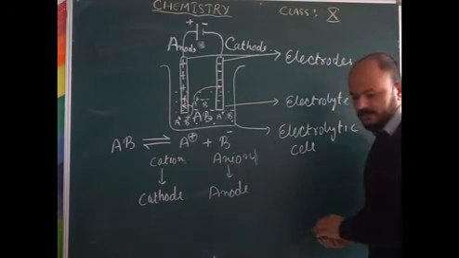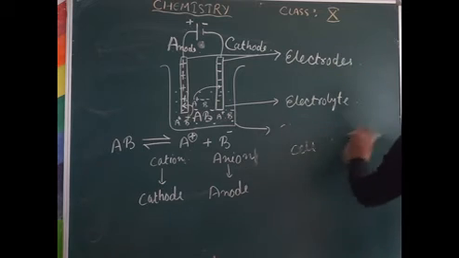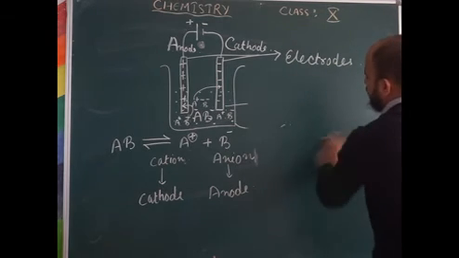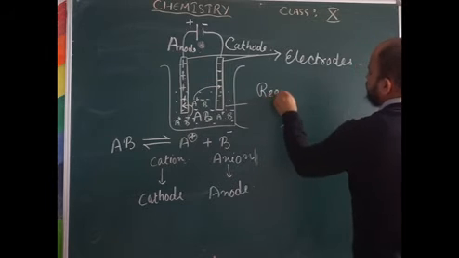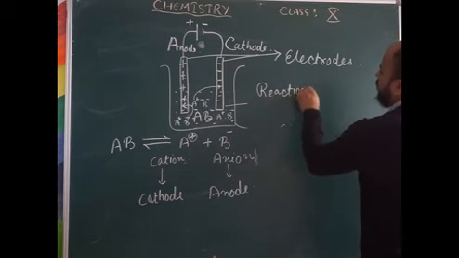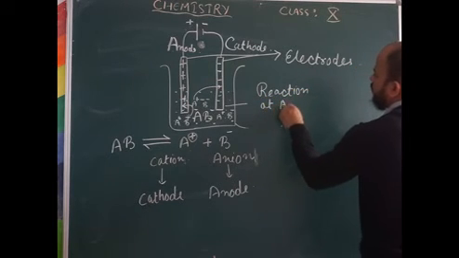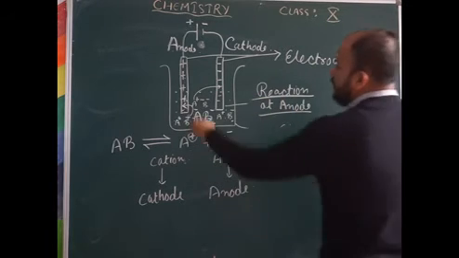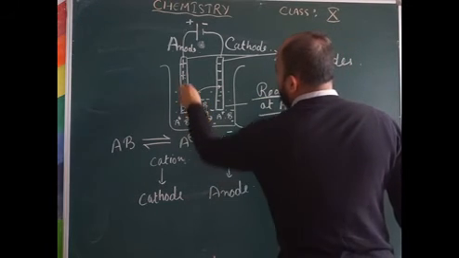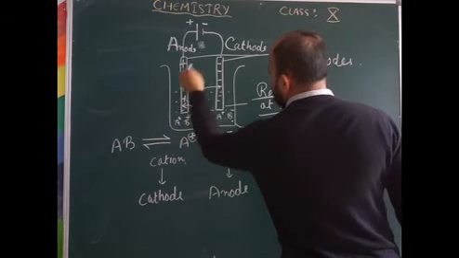So what happens now? You have to write the reaction at anode and the reaction at cathode. So reaction at anode, what type of reaction takes place? You have to remember this. Anode is positively charged, B negative is going to the anode.